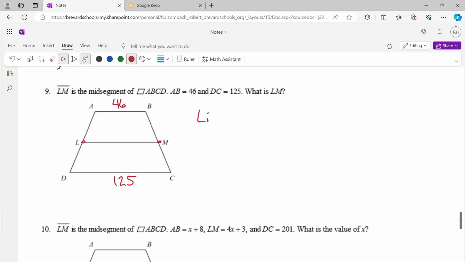So LM is equal to 46 plus 125 divided by 2. And 46 plus 125 is 171, divided by 2, 85.5.